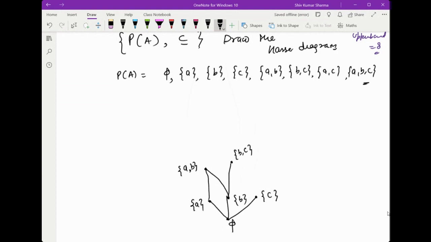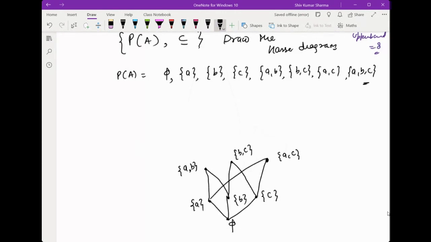For BC, B is a subset of BC, C is a subset of BC. Now third we take AC. So for AC, C is a subset of AC and A is a subset of AC.